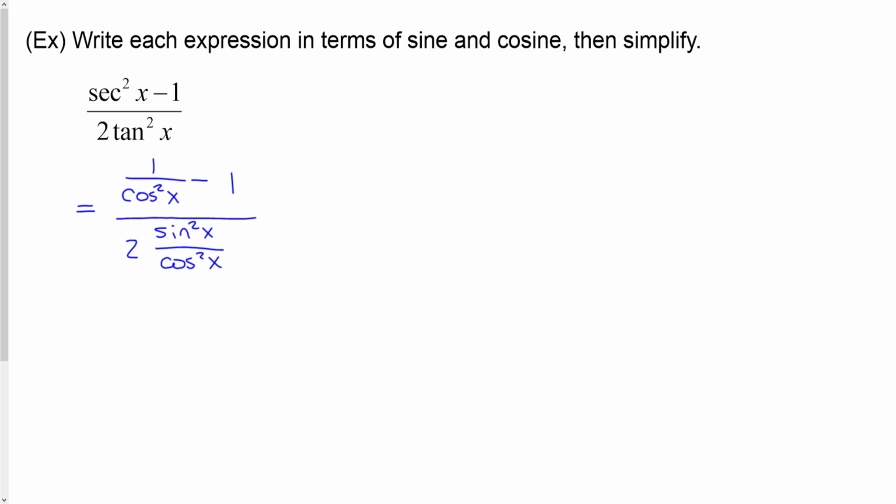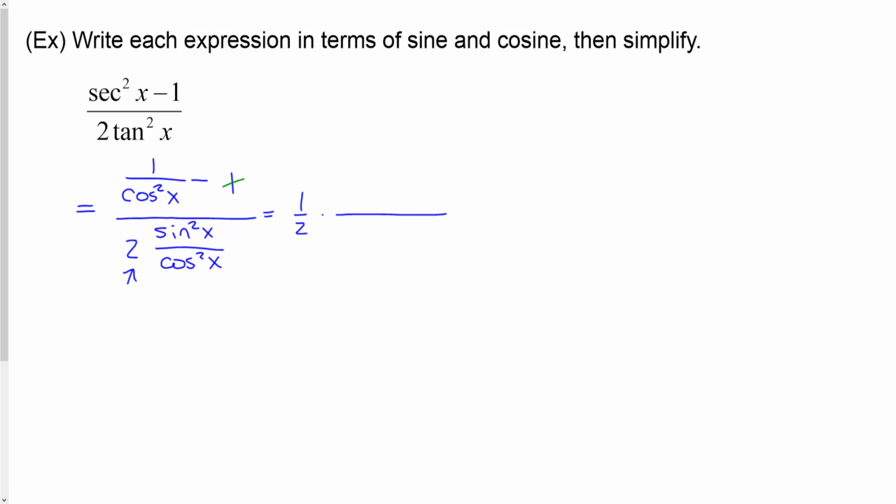To simplify, let's see what can be done. First off, I'm going to factor out the 1/2 from this larger fraction. That's the 2 in the denominator, so I can just write it as 1/2 out front. In the numerator, I have a compound fraction, so I'm going to work on simplifying it.